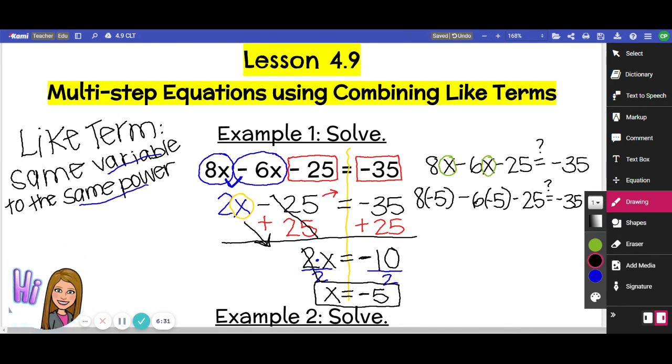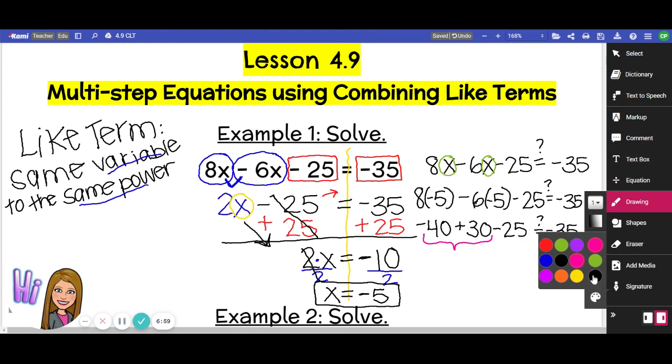So 8 times negative 5 gives us negative 40. A negative 6 times a negative 5 makes a positive 30. We're subtracting 25. Is that equal to negative 35? So now let's just combine these two. Negative 40 plus 30. They're opposite signs, so we're going to subtract. 40 minus 30 is 10.